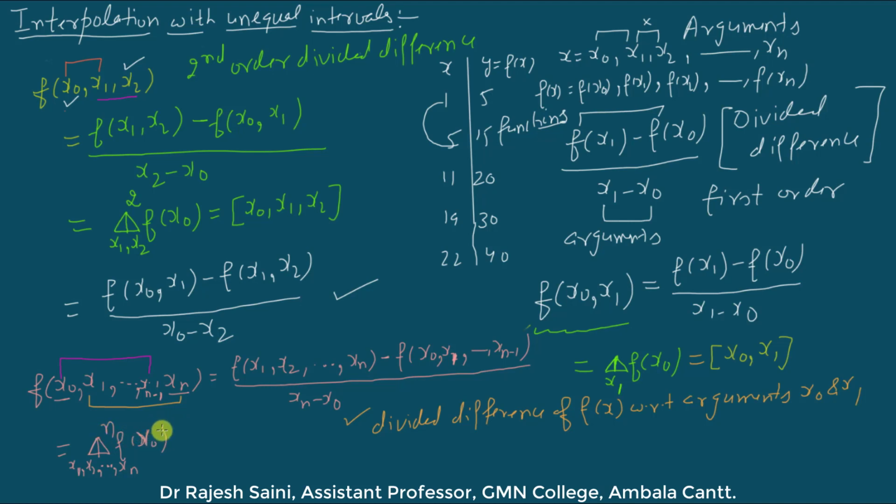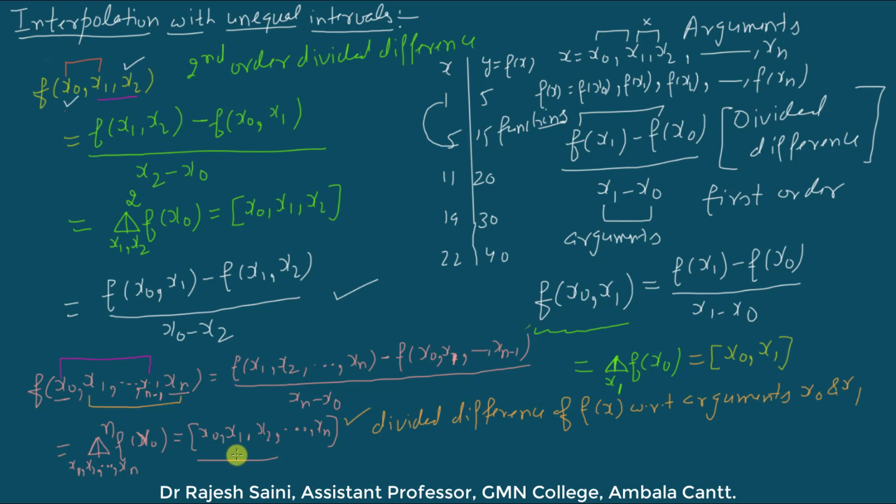This can also be written as x0, x1, x2 up to xn. So this is the nth order divided difference.